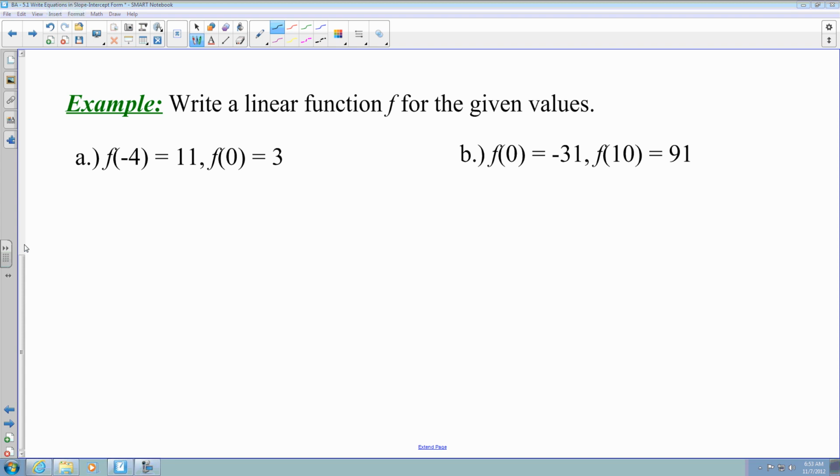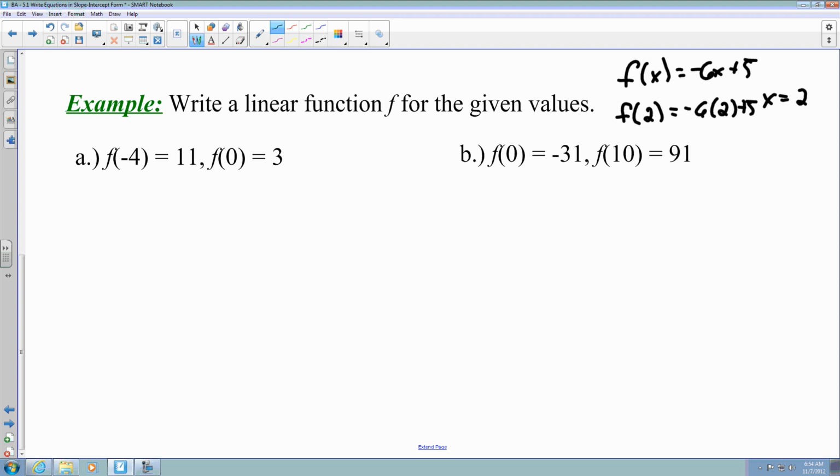Now that may sound complicated, but if you remember from chapter 4, where I think it was 4.7, where we evaluated linear functions, like for example, do you remember when we used f of x equals, say, negative 6x plus 5, where x equals 2, for instance, and when you plugged in, you had to substitute 2 in for x, so you had f of 2 equals negative 6 times 2 plus 5.